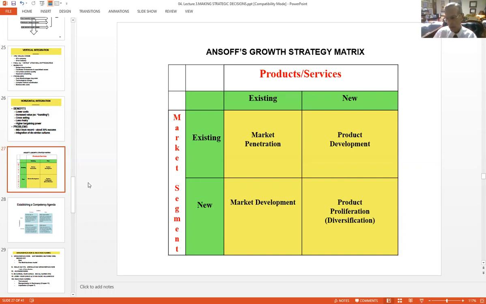And product proliferation can even become diversification, where we make an altogether new product for a new market.